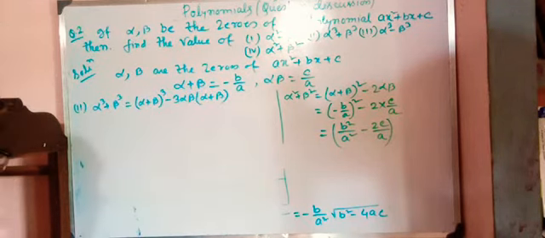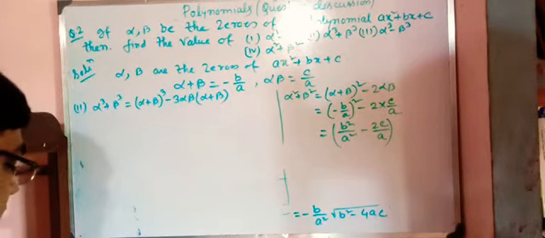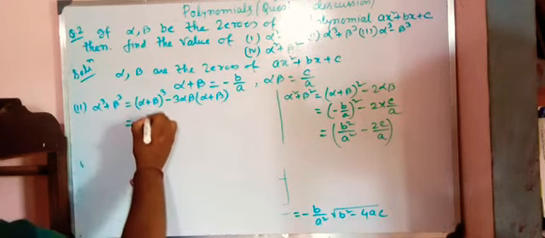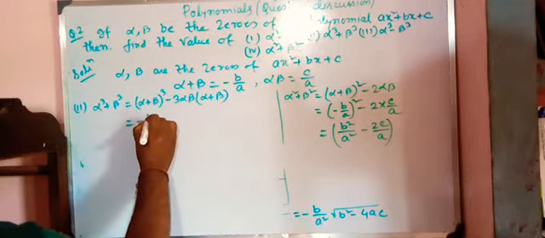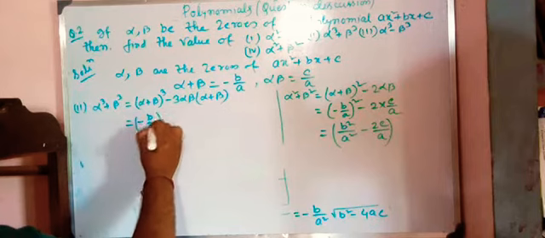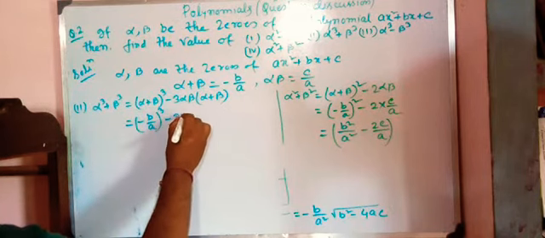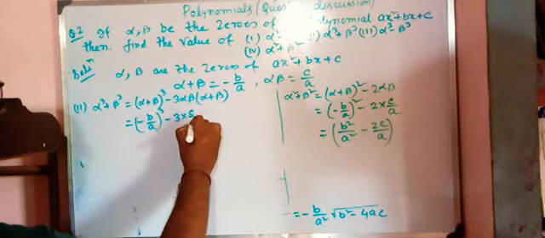This will be the formula of alpha cube plus beta cube. Now here alpha plus beta is minus b by a, whole cube, minus 3 into alpha beta, c by a.